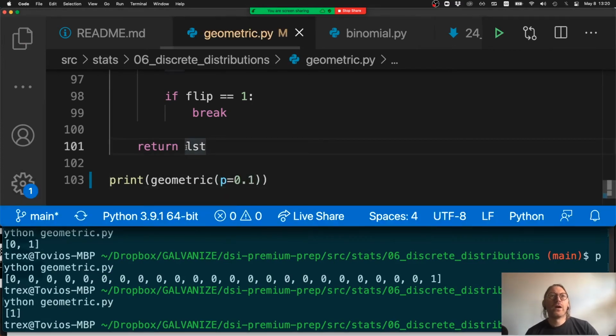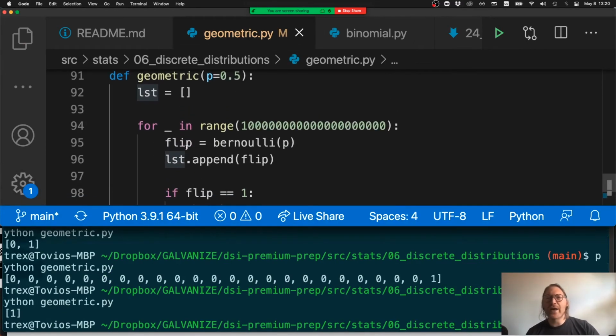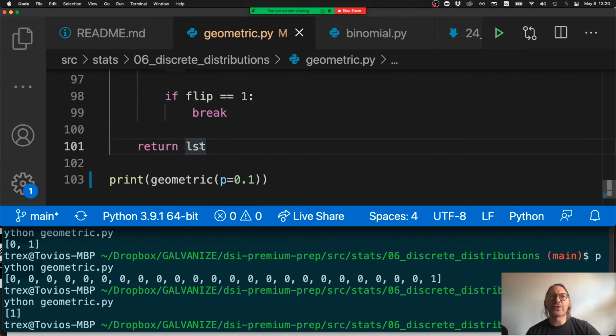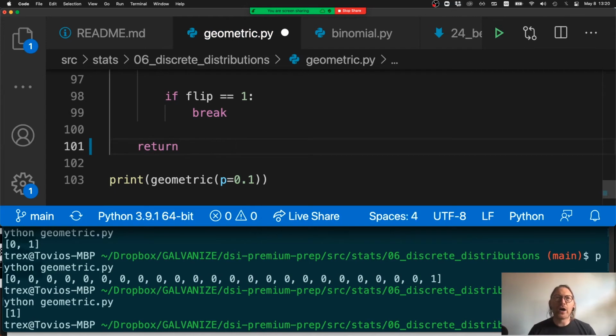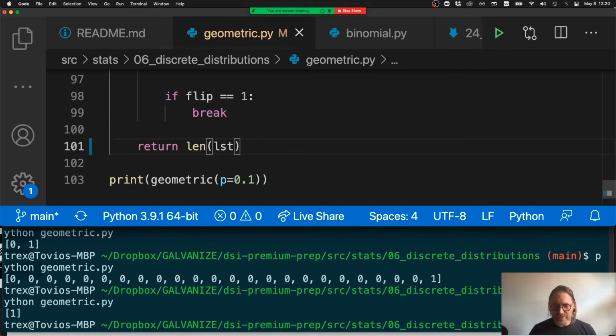Okay, so if we're trying to gather our K, right? K is the thing of interest here. If we're trying to gather K, how many trials up to and including the first success, we actually don't want to return the list itself. We want to return the length of the list. If we were being exclusive, we would return the length of the list minus 1.